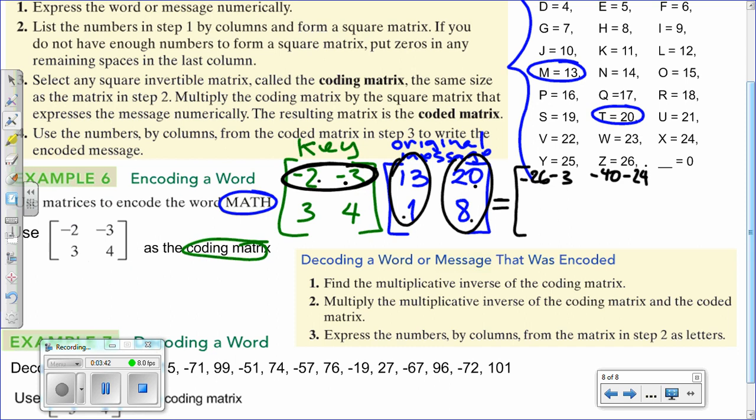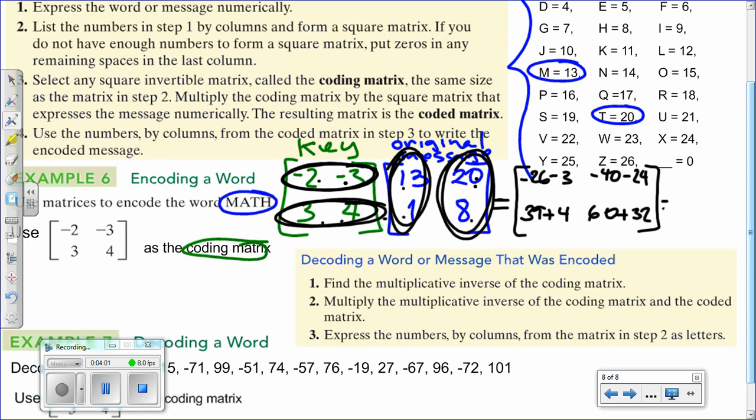Then second row, first column: 3 times 13 is 39, 4 times 1 is 4. And then second row, second column: 3 times 20 is 60, 4 times 8 is 32.